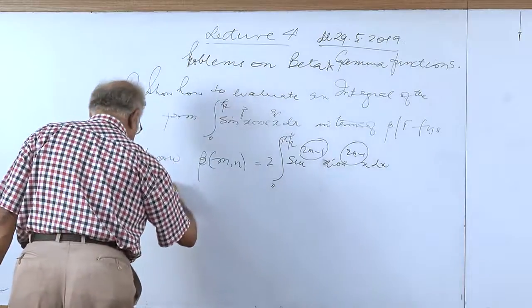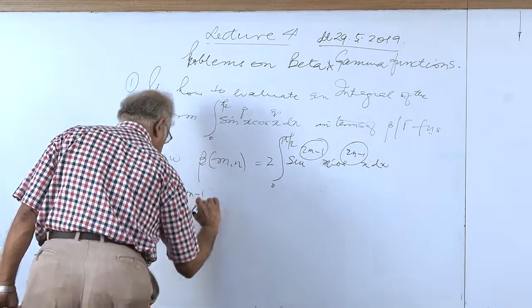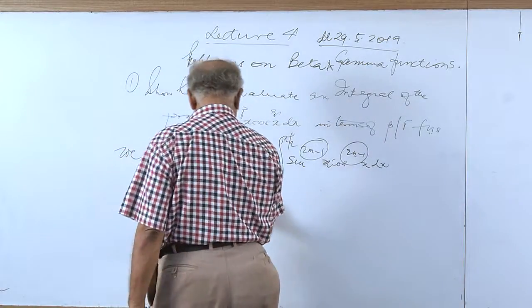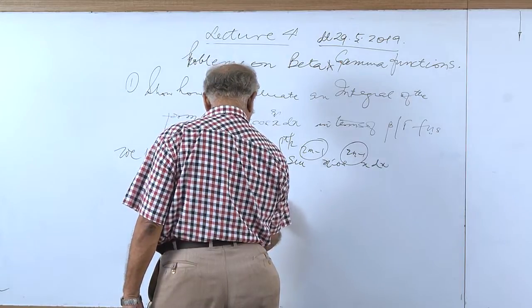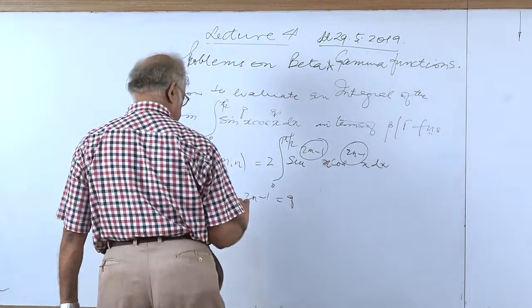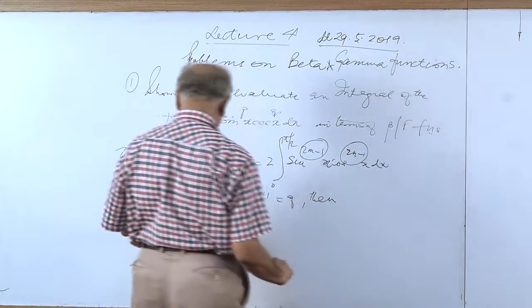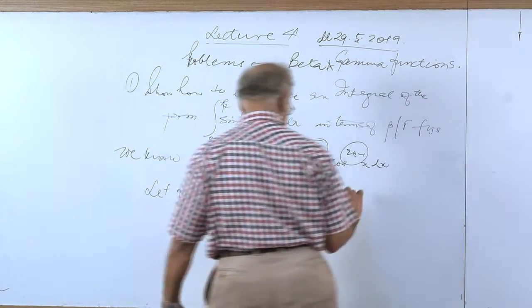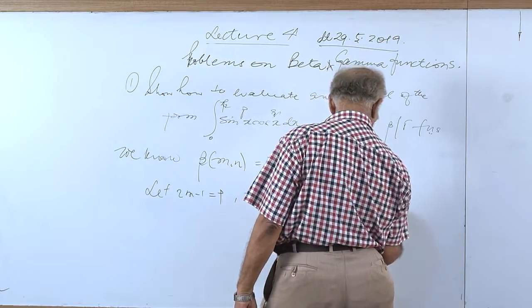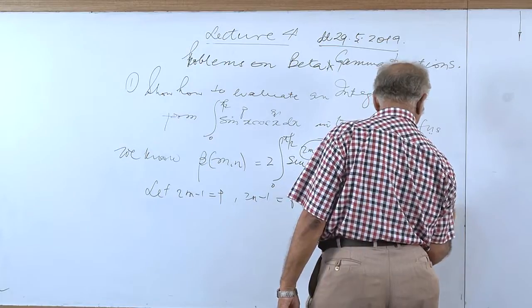So if we say let 2m minus 1 is equal to p and 2n minus 1 is equal to q, then evidently m is p plus 1 by 2 and n is q plus 1 by 2.